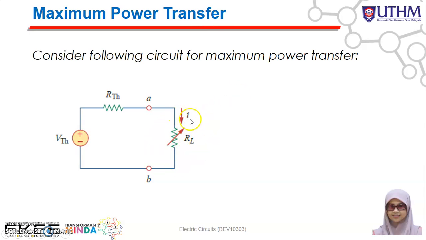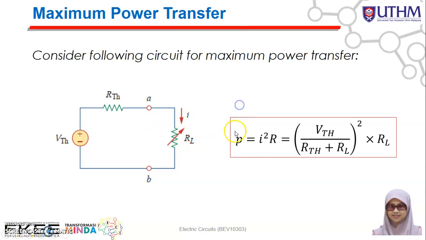Now you need to find the power absorbed by this load. The power is equal to I squared R. Here you can apply the voltage divider rule, so P equals V Thevenin divided by R Thevenin plus RL, squared, multiplied by RL. This is the equation of the power absorbed by the resistive load.